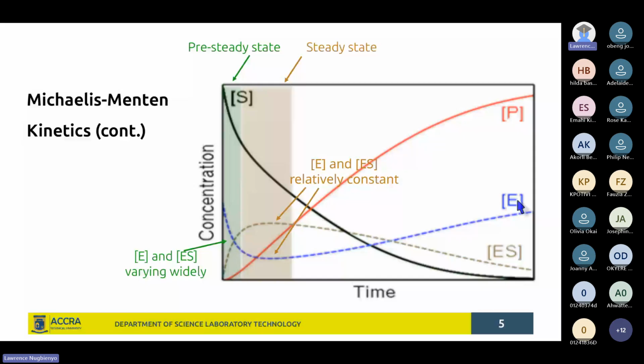But of course, they also depended on what Henri did earlier to be able to come to this. And so sometimes when you read some biochemistry books, they may not refer to this as Michaelis-Menten. Some will even add the name of Henri and say Henri-Michaelis-Menten.